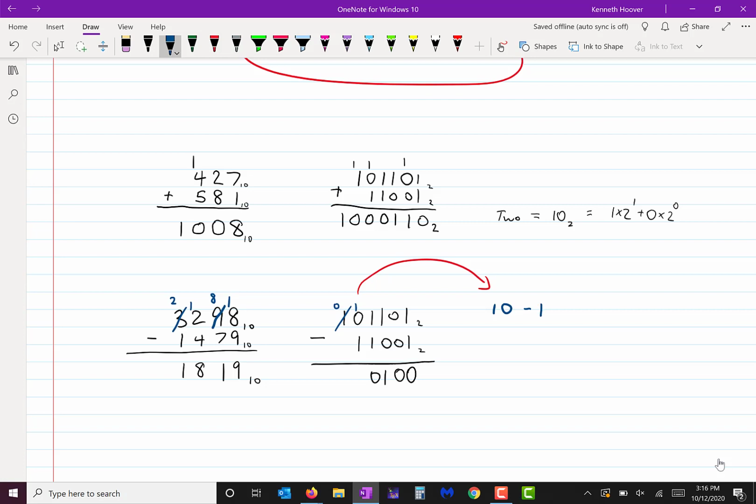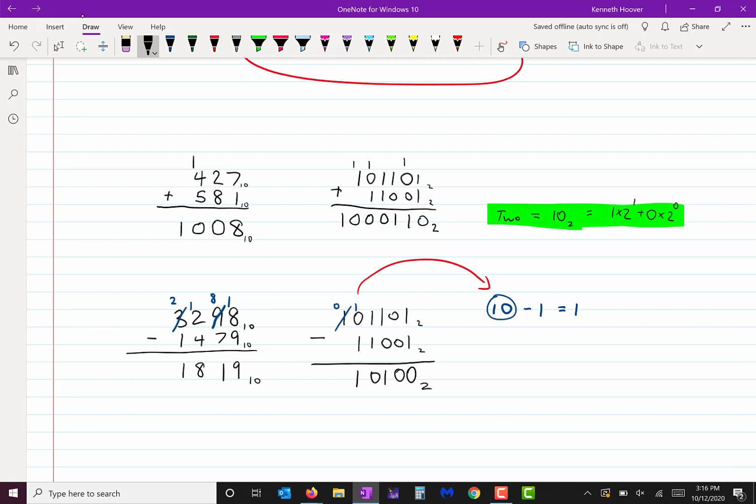But what's this number right there? That's not 10, is it? That's the number 2. Remember, it's written up here. So 1, 0 minus 1 equals 2 minus 1, which is 1. That's what should go down here. And there's our answer. Okay, that's how binary addition and subtraction works.